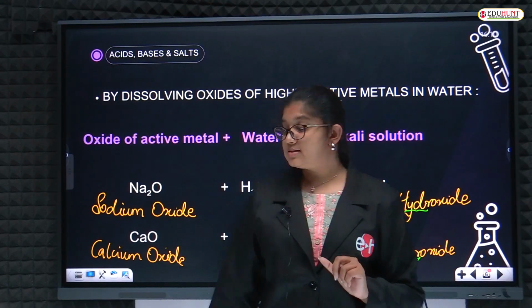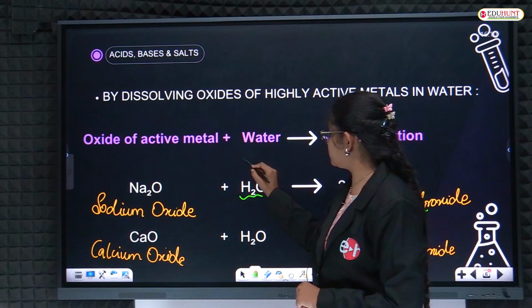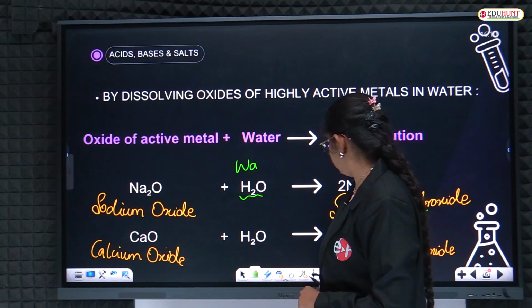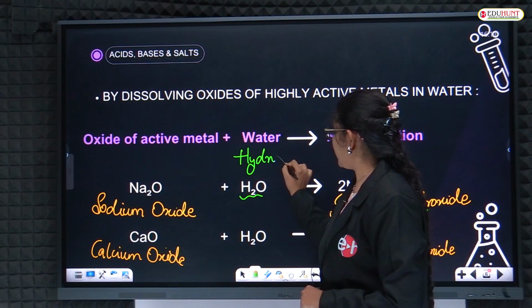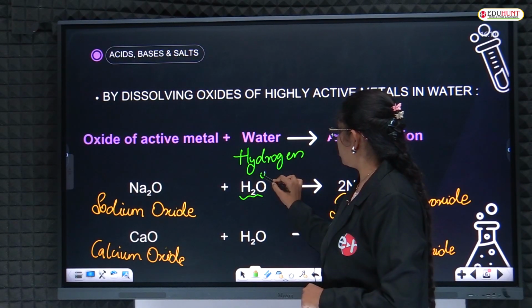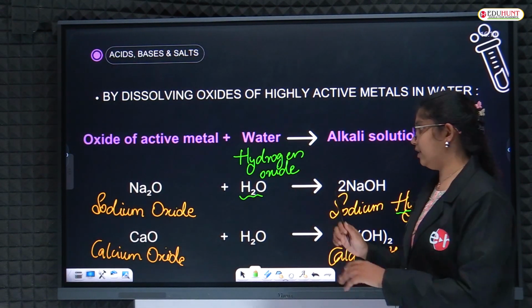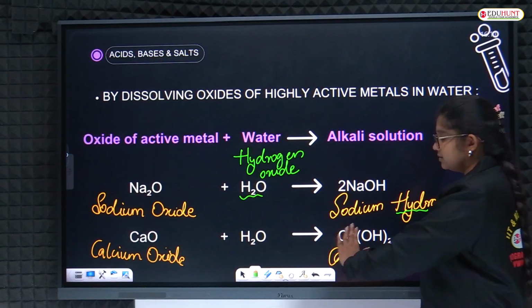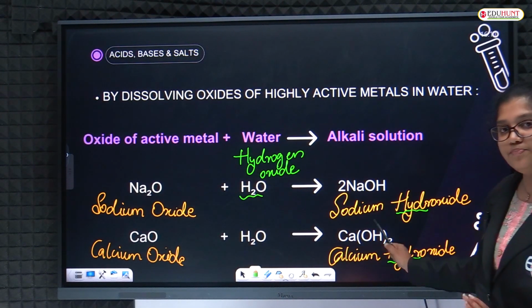The word hydro is coming from the water molecule. Okay, hydrogen. What is this water molecule? Hydrogen oxide, no? The other name of water is hydrogen oxide. From that we got the name hydro. So we are getting the particular product called sodium hydroxide as well as calcium hydroxide.